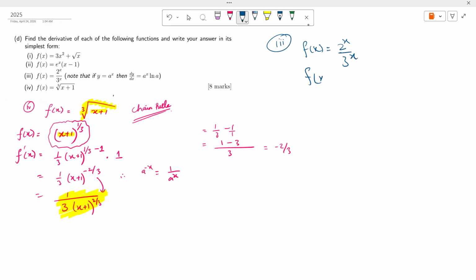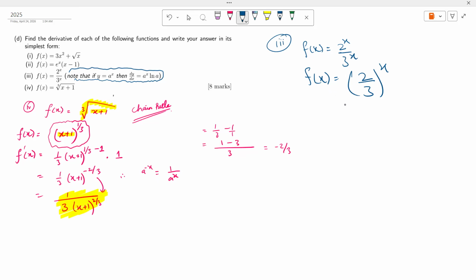You can simply write it as 2 upon 3 to the whole power of x. Then you can take a hint from the statement and apply it here. How can we do this?